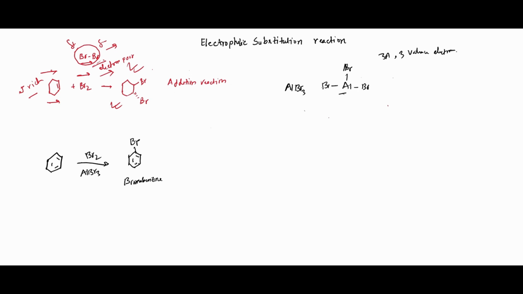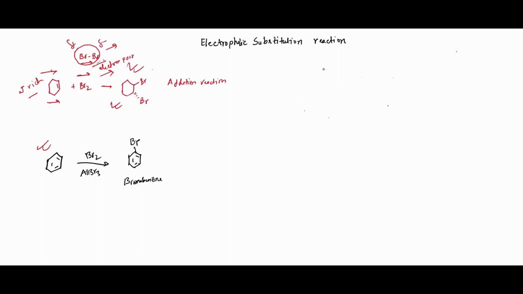So let's just draw it on the right side here, so that you know how this is happening. You already know that this can act as a nucleophile. But we'll go into that later.